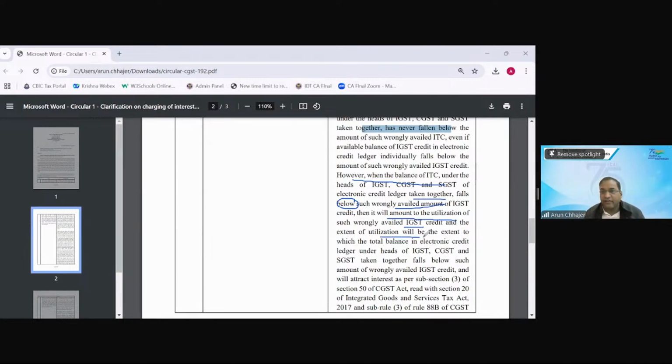And the extent of the utilization will be the extent to which it has fallen below. इसका मतलब, let's say total credit was 90. Assume that current balance is 80. So it is treated that only 10 rupees has been used. So the interest would not be applicable on the entire 90. It will be applicable only on rupees 10.